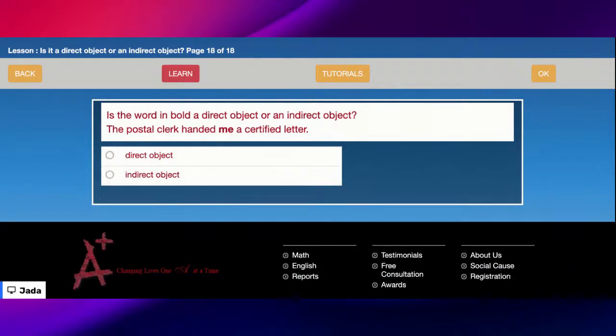The postal clerk handed me a certified letter. Last one.